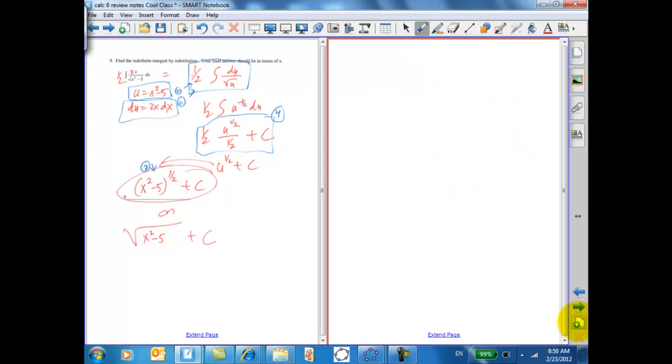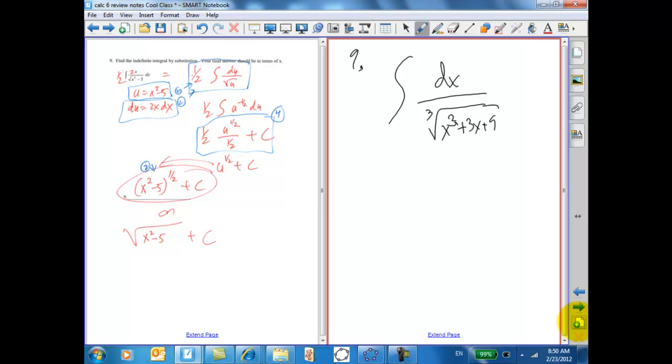So 9 is just an indefinite integral. Let's say the antiderivative of dx over the cube root of x squared plus, no, x cubed plus 3x plus 9. Now, notice I'm going to put something up here, though.